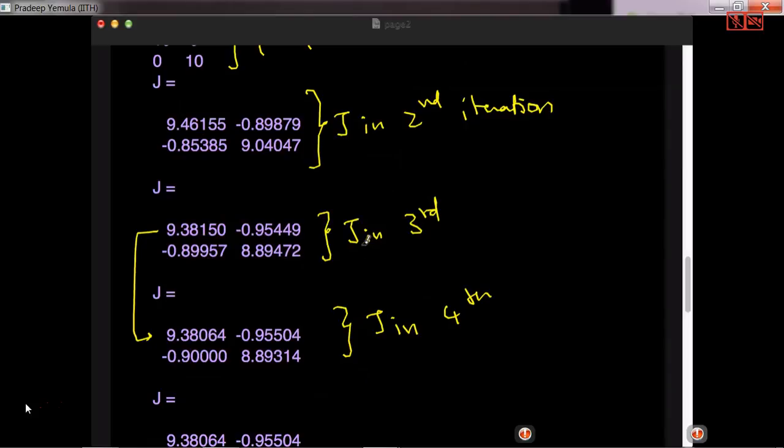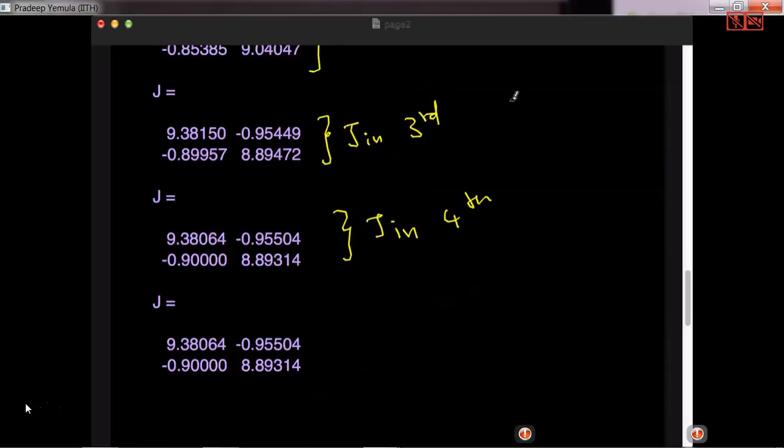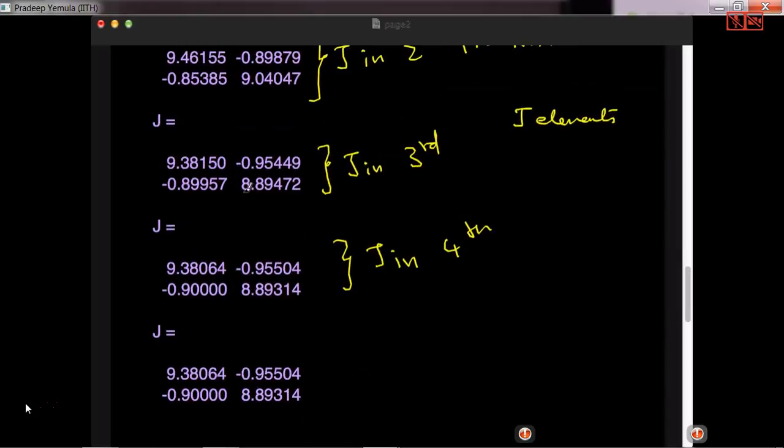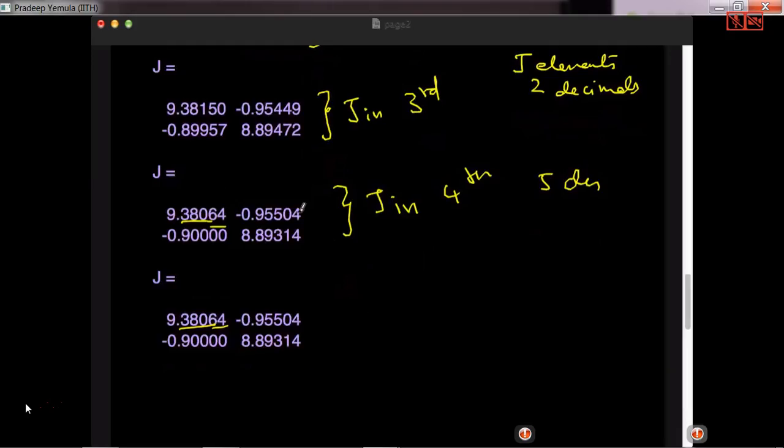So basically, the J elements, after the third iteration, the two decimals are fixed. After the fourth iteration, you see the four decimals are fixed from here to here. In fact, the fifth decimal is also fixed. So 5 decimals are fixed. So very fast it is converging, and it's almost not changing at all. So why should we calculate J every iteration and find out? That is the idea of the FDLF.